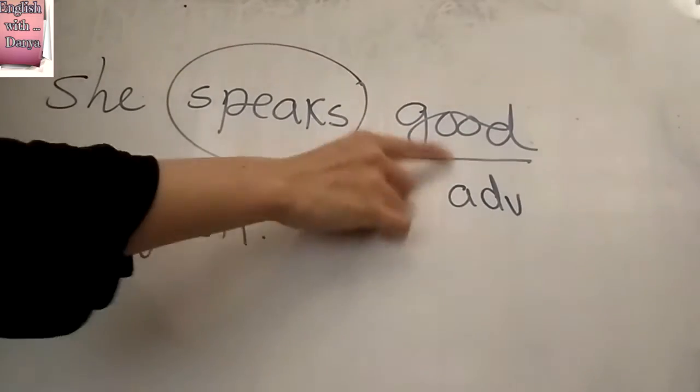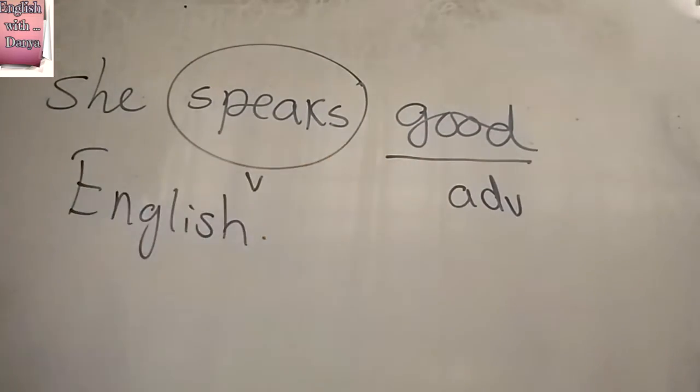There is no ly. Why? Because this is an irregular adverb. Okay, so when it comes to irregular adverbs, all you need to do is remember them, memorize and practice. You really need to practice using them in sentences so that you will remember the function of each of them.